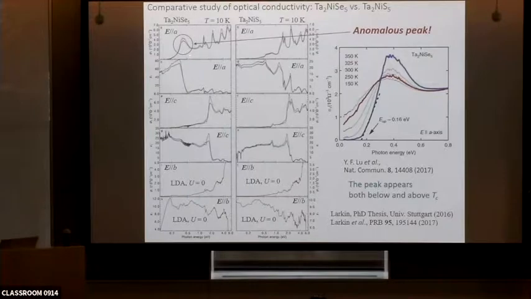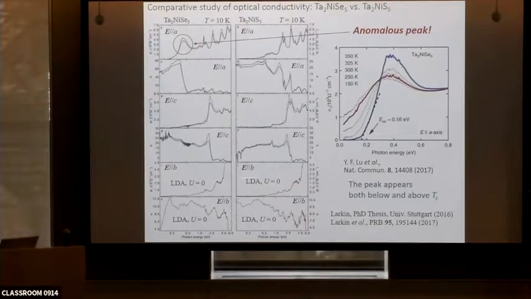A is the chain direction, C is perpendicular to the chain direction, and B is perpendicular to the plane. There is no experimental data here, only theoretical curves. And this peak is quite enormous. This is temperature dependent. This peak, and this peak is absent. I think this very important peak is absent in the sulfur system.